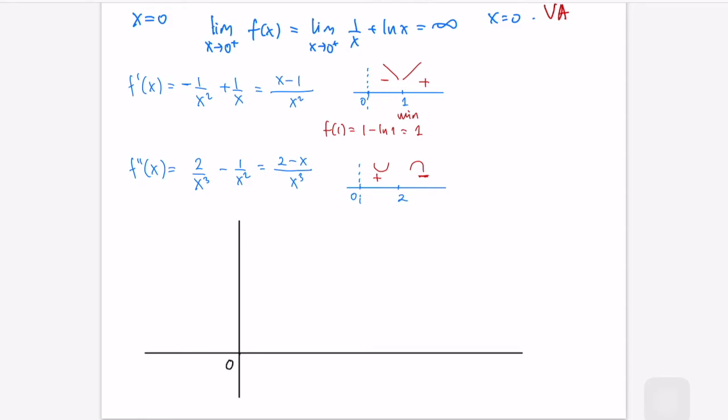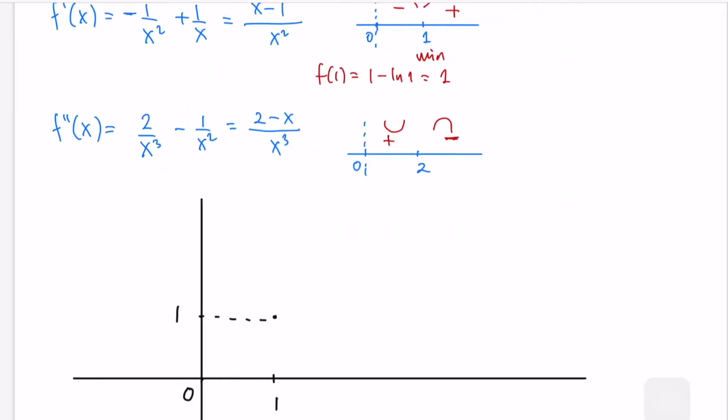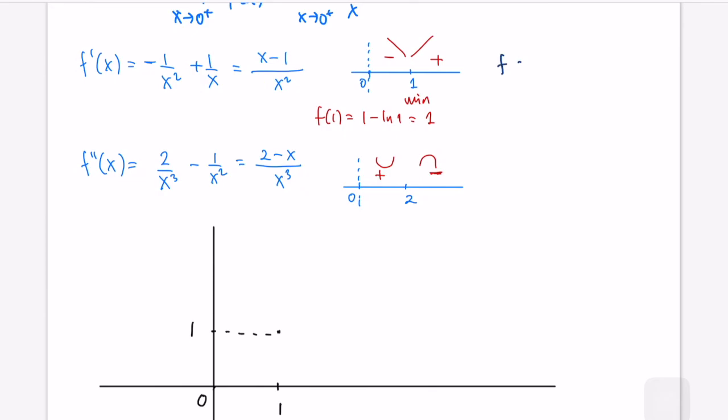So this is 0. Let's say this is 1. This is 1. (1, 1) is our minimum point. And then we will have f decreasing on 0 to 1. Let me write here. And increasing.